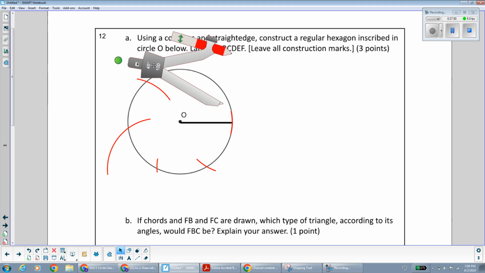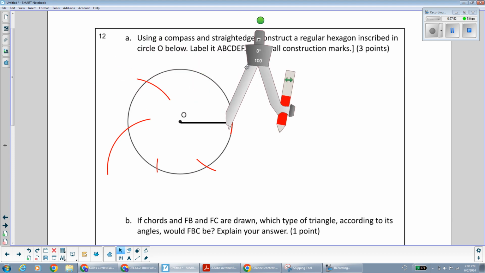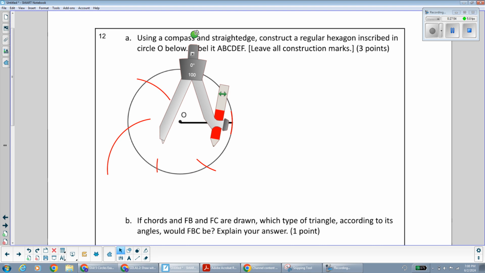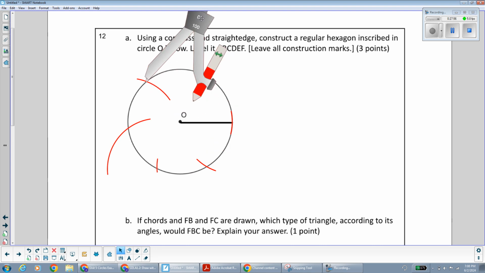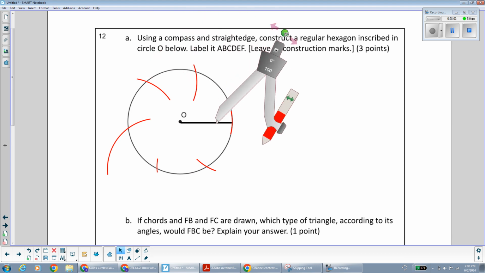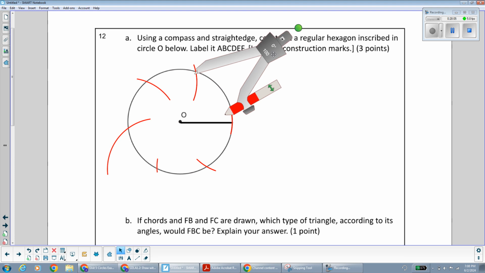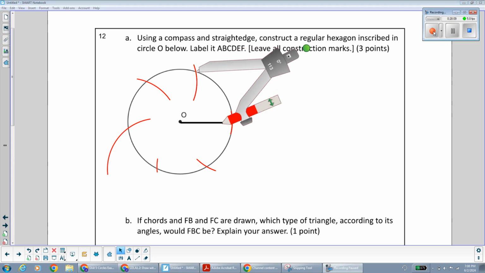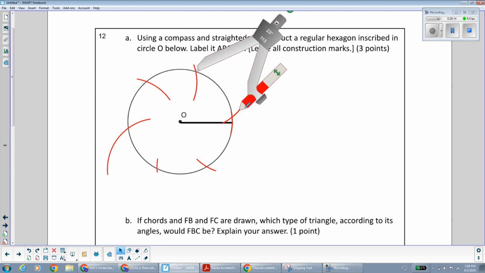I just have to intersect the circle. This should occur 6 times. On the 6th time, if you are being super accurate, you should end up exactly intersecting the point where you started. As you can see, mine's a tiny bit off. Let me redo that. Okay, as you can see here, if you are super accurate, it should line up.